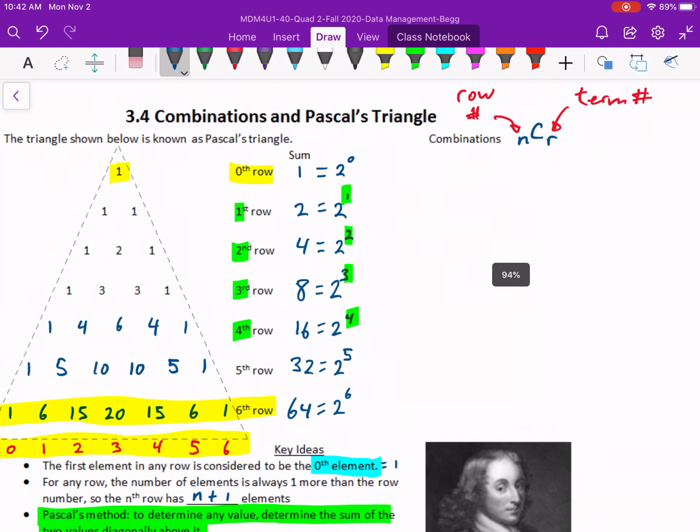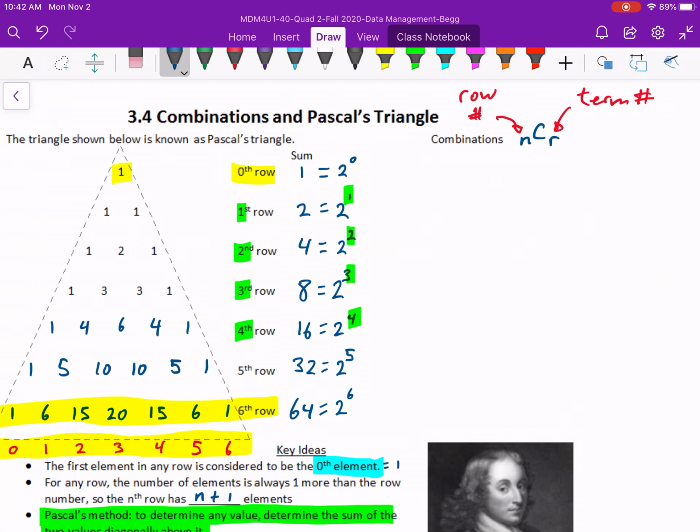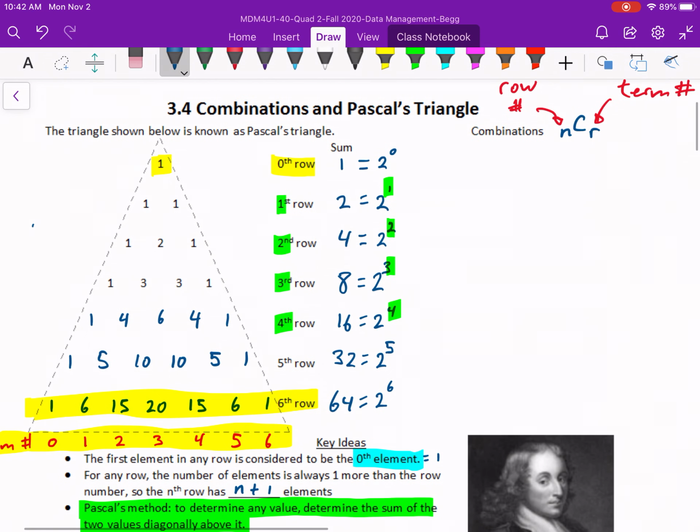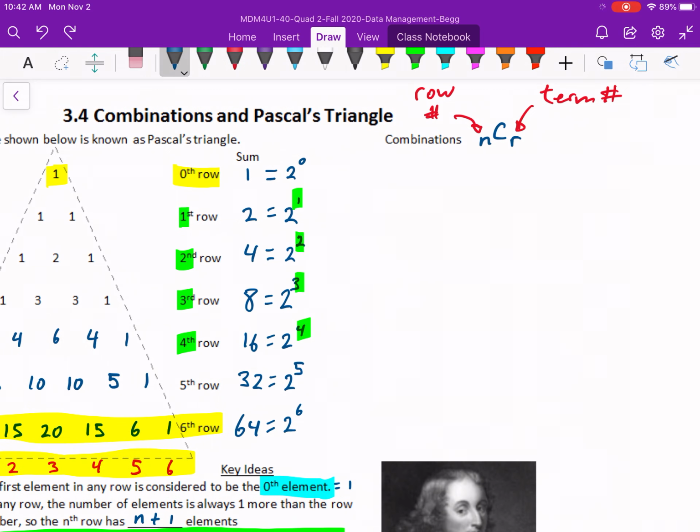If I wanted to find, without having Pascal's triangle, what that top element was, it's in the 0th row, and it's the 0th term, so I should be able to write it as 0 C 0.